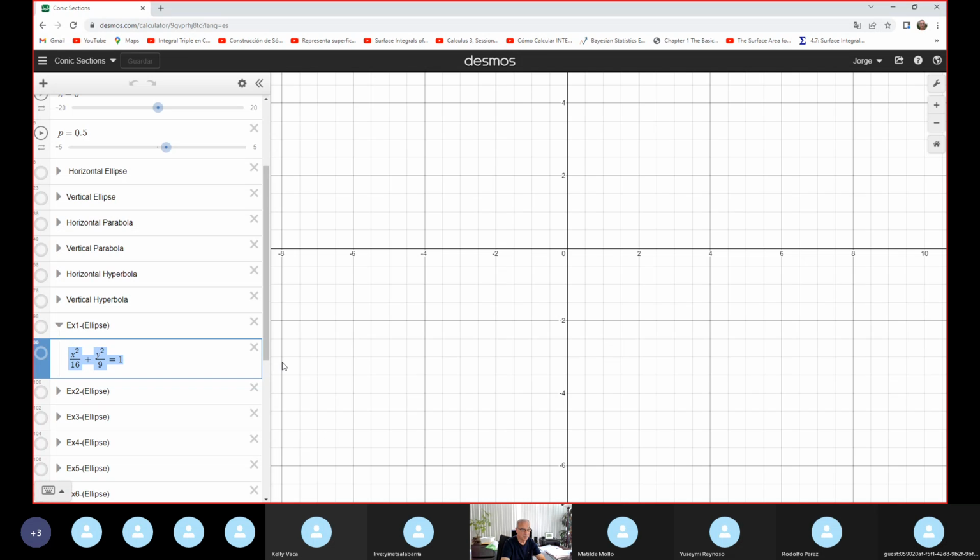I want to solve this example on the board, and after we come back to Desmos to see the graph. Okay, I copy it in the whiteboard. I delete everything in the whiteboard.